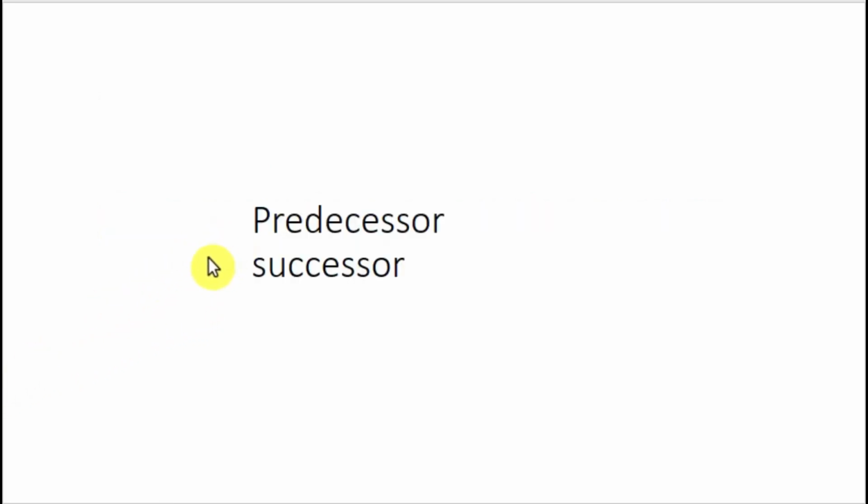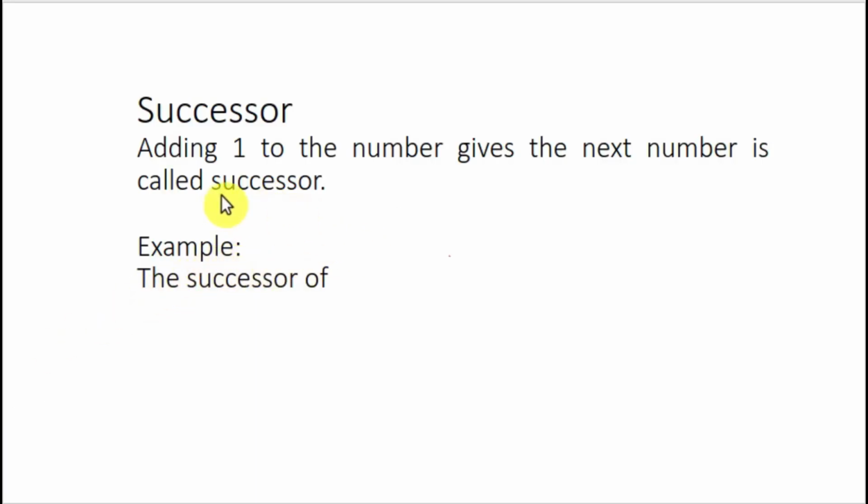Okay. Then, next, predecessor and successor. What is a successor? Adding 1 to the number gives the next number, that is the successor. For example, the successor of 13: I told you we have to add 1. So 13 plus 1, 14 is the successor of 13.